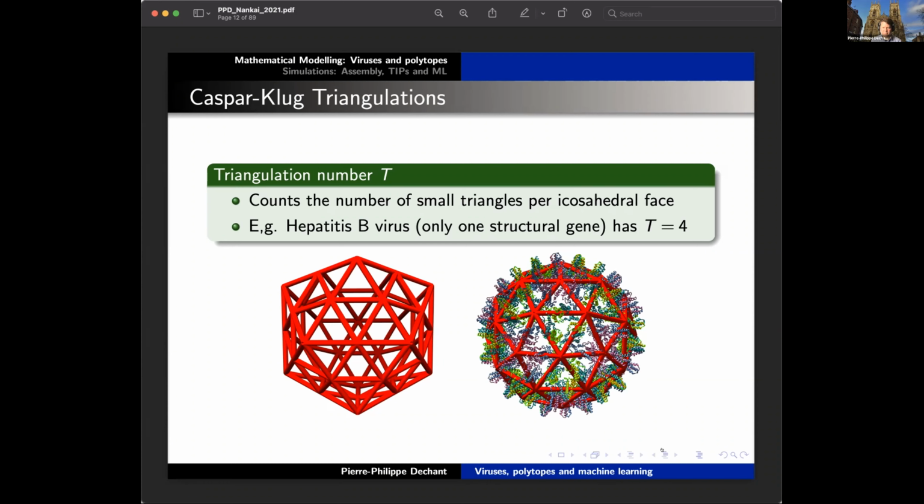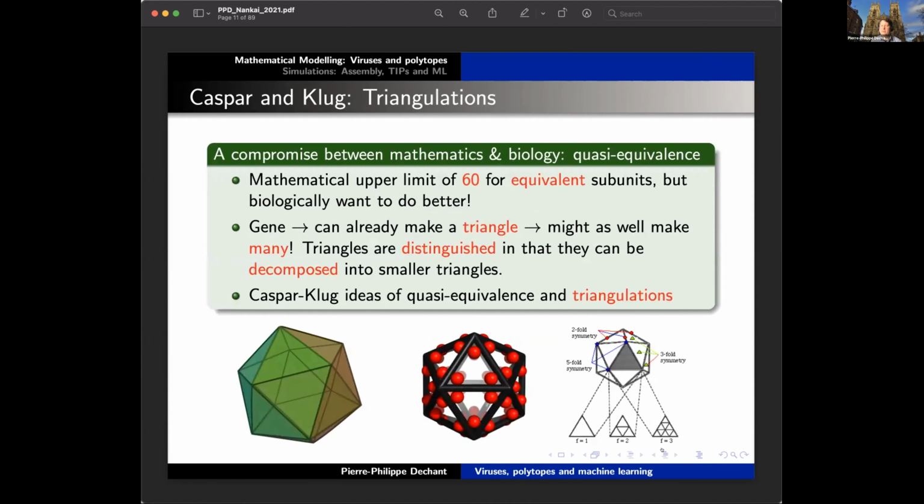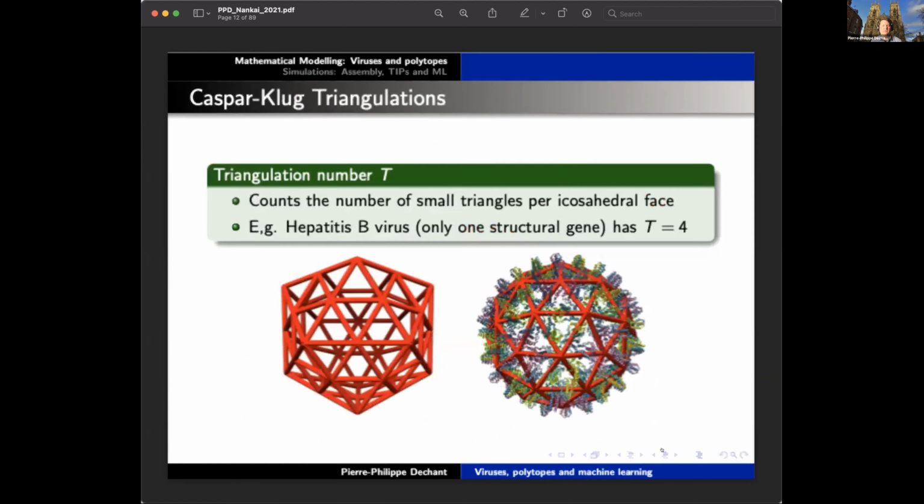So this is sort of a fudge or a compromise, which is called quasi-equivalence, because it's not exactly mathematically equivalent. So this example is a triangulation where each large triangle of the icosahedron has been replaced by 4 small triangles, and that's more or less what hepatitis B virus does. It's only got one structural gene, one building block, and it does this T4 triangulation. So the T number, triangulation number, just counts how many small triangles make up a big triangle.